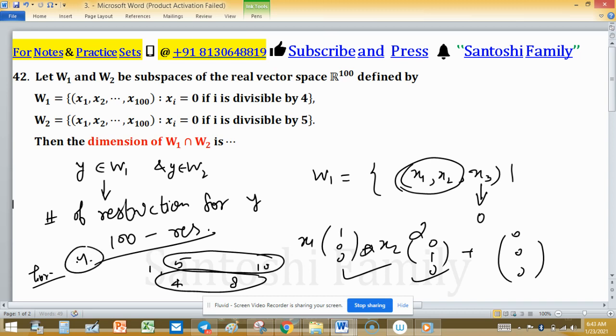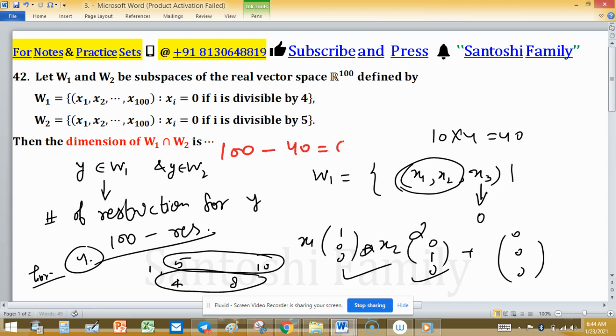From 10 to 20 there will be 4 restrictions, and from 30 to 40 there will be 4. So up to 100 we break 100 into 10 parts, and in each part there are 4 restrictions. So the total is 10 into 4, that is 40 restrictions. So take 100 minus 40 as the dimension: 100 minus 40 equal to 60. 60 is your final answer.